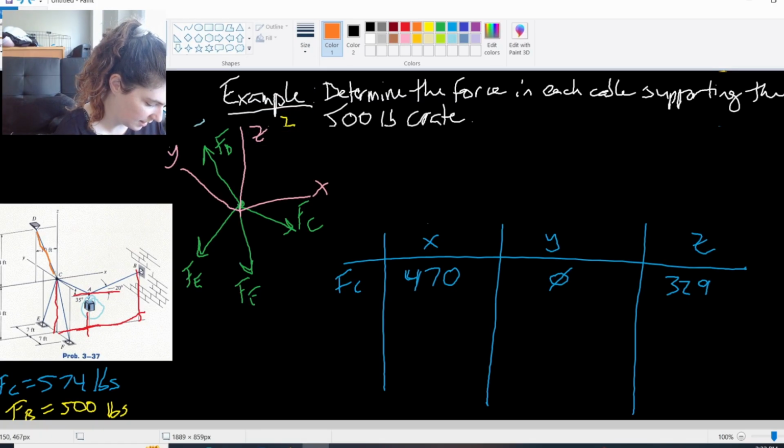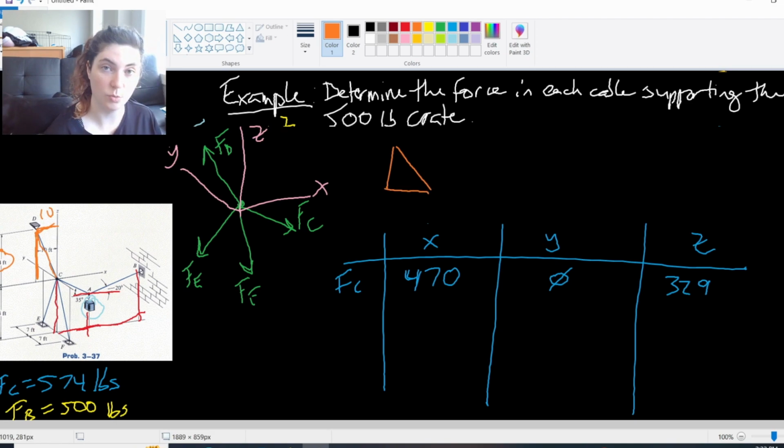That is this line right here, and these lines tell us it is in the XZ plane, where this is 10 feet and then this is 24 feet. If we draw that triangle, we can use this ratio triangle, right? 10, 24, and then I can solve using Pythagorean theorem for what that distance is.